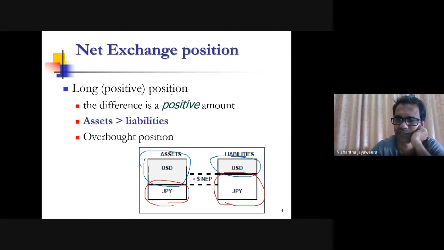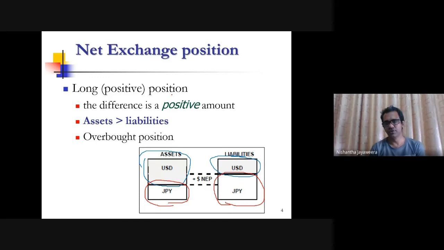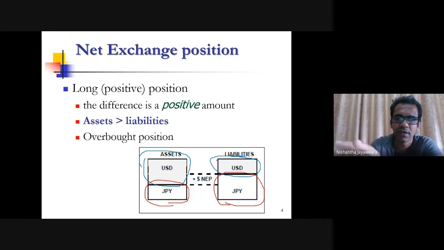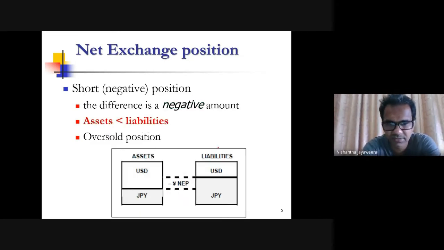But remember, that depends on the currency that you use. In terms of dollars, dollar assets are higher than the dollar liabilities. Therefore, you have a long position or a positive position in dollars. But in this balance sheet, you have fewer assets in yen and more liabilities in yen. So therefore, you have a negative position in yen.